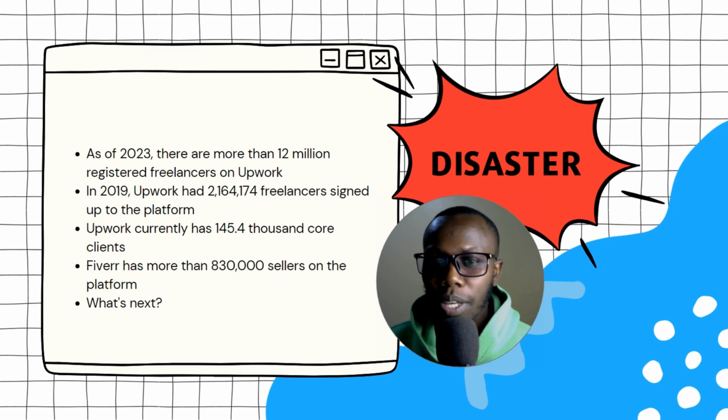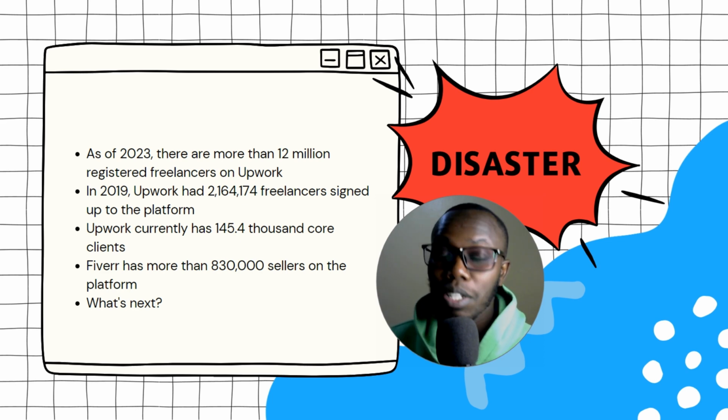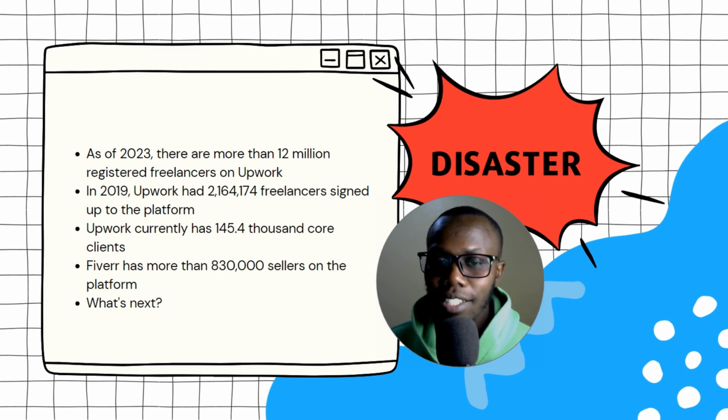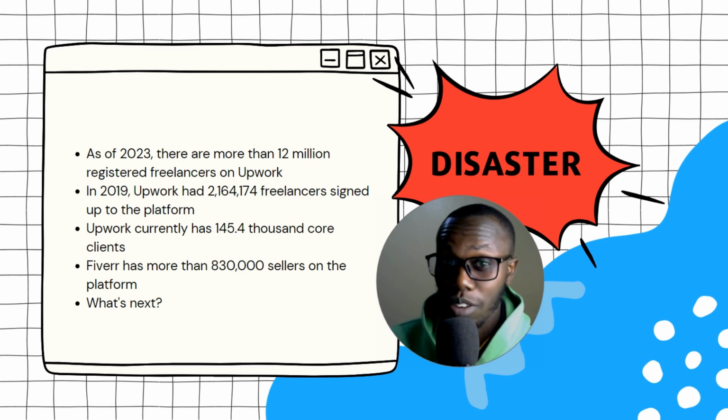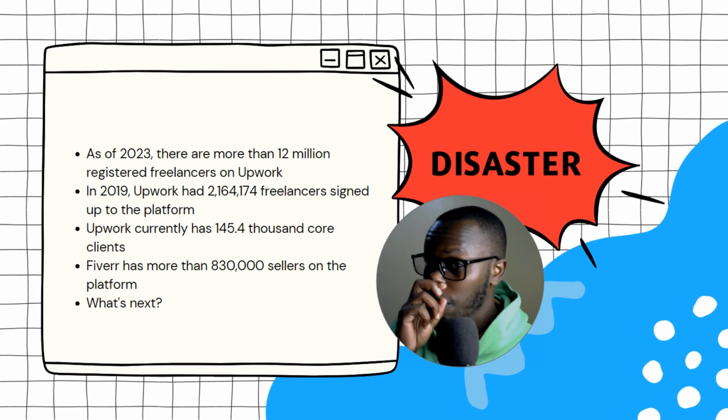So if you're new, you will be competing with 12 million others. That's a really huge number. In 2019, Upwork had almost 2.2 million freelancers signed up on the platform. Today, there is over 12 million. That's a lot of competition.